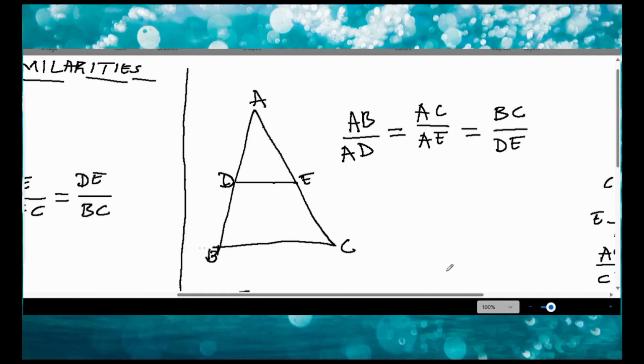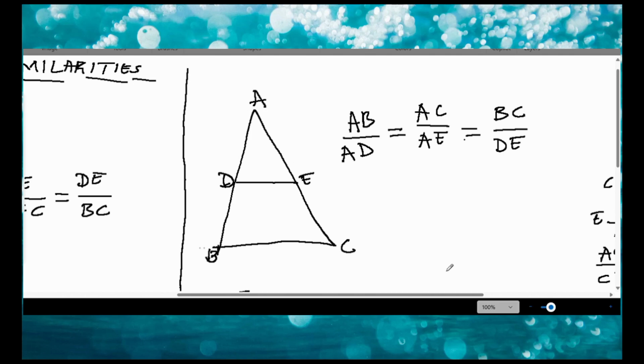So on this side, we're considering the bigger triangle, so AB over AD. And this should be equal to the other side, AC over AE.